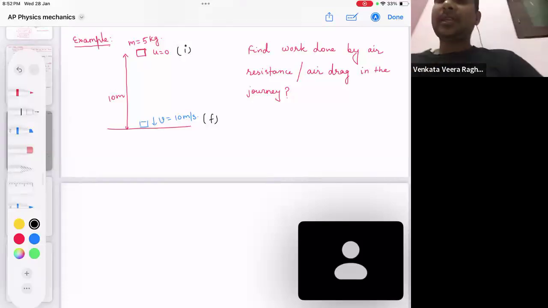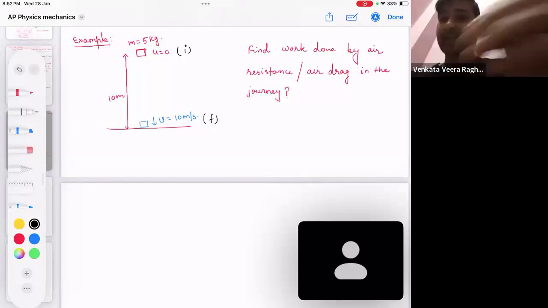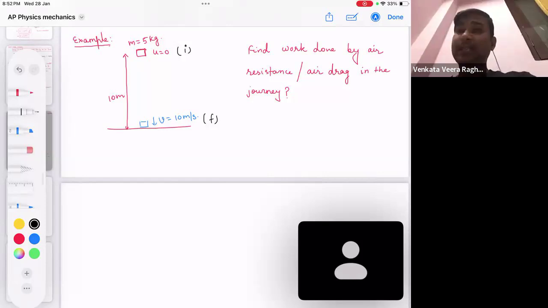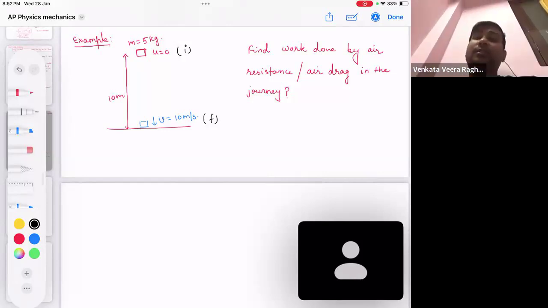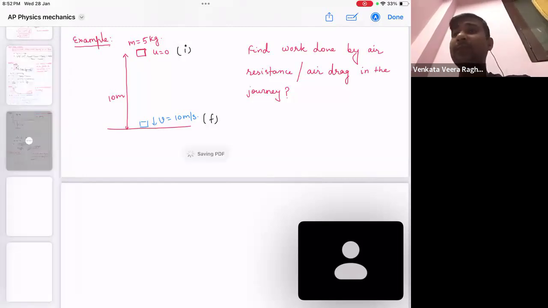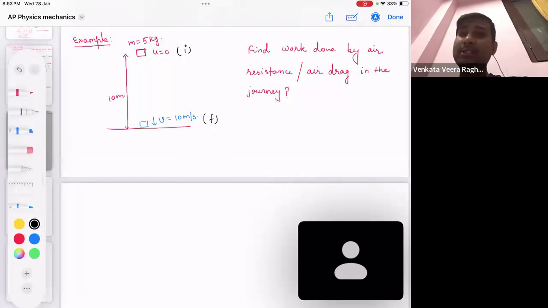What is the change in kinetic energy? Because I know the initial velocity, that means I know the initial kinetic energy. We know the final velocity, that means we know the final kinetic energy also. So in this question, we again know the change in kinetic energy. Understood?